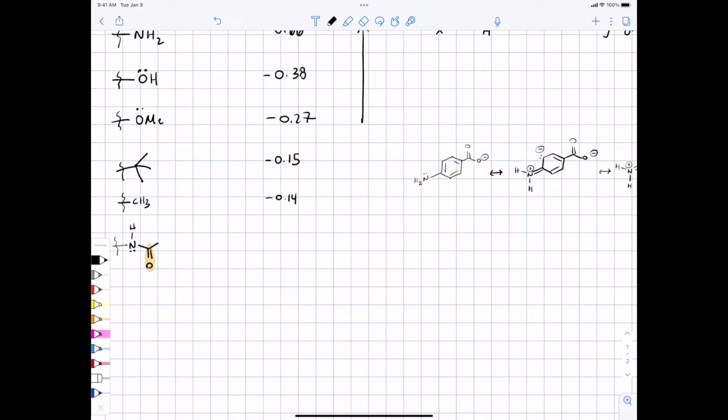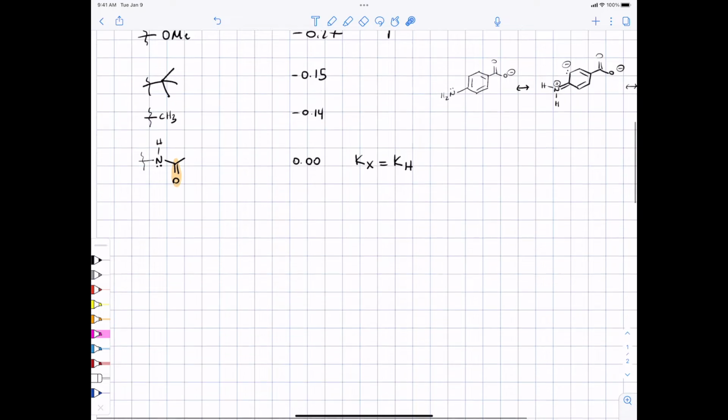And indeed, the sigma para value for that amide group is 0. And this is sort of our break-even point where the equilibrium constant for our substituent is equal to that for the regular benzoic acid. And of course, it's saying the same thing to put a proton on this list. That's like saying KH is equal to KH, which is sort of, like, duh.